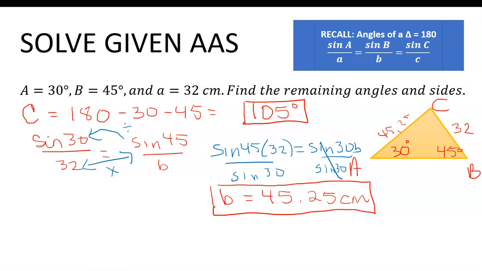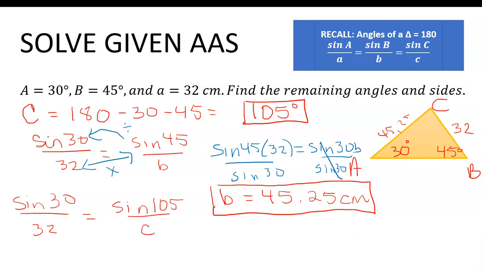So now the only thing left to get is lowercase c. So I'm going to set up my proportion again using my a's. So sine of 30 over 32 is equal to sine of C over c. And remember, we got C up top, that was 105, over c.